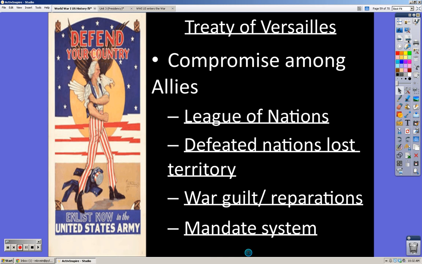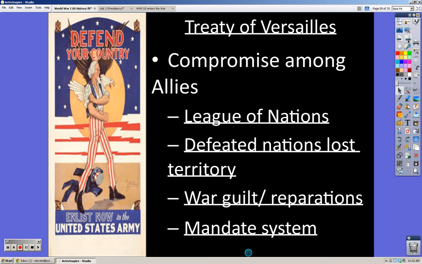Defeated nations lost territory, and those territories would go to the victors. There's a war guilt and reparations clause. With the war guilt, Germany had to take responsibility for the war, and with the reparations, they had to pay back billions of dollars to these countries, which is going to absolutely tank the German economy.